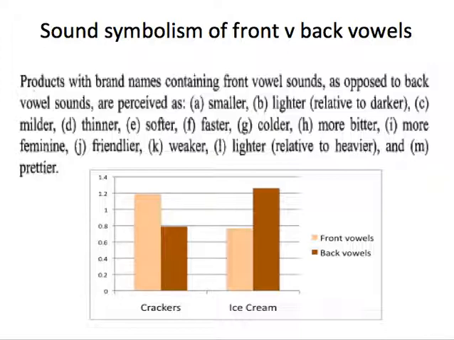So it's a very interesting notion that we do have an association, a sound symbolism, between front vowels and things which are light, pretty, feminine, and back vowels which symbolize things which are heavier.